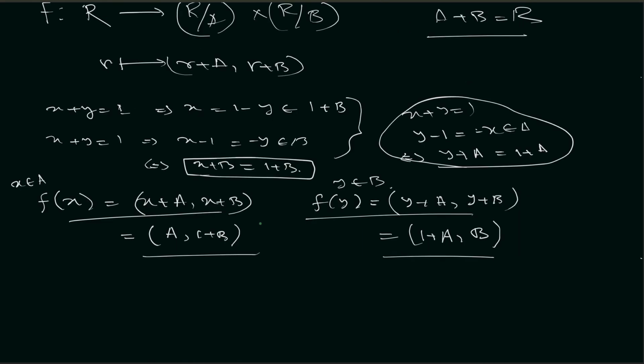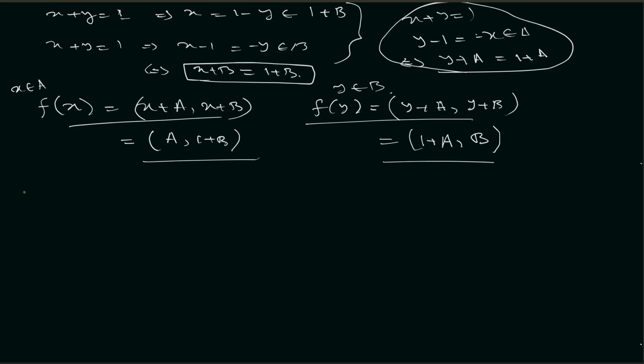So now what I can do is here, my claim is f is onto, and a ring homomorphism.